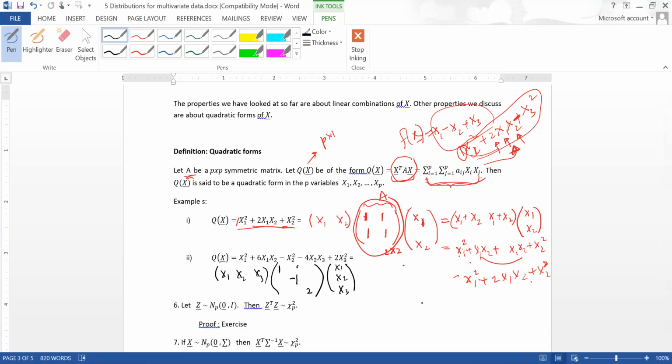Yes, that's the x1x2 coefficient divided by 2. So 6 divided by 2, it should be 3 here.